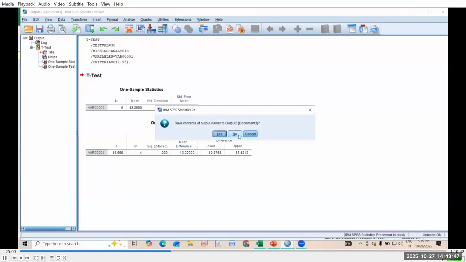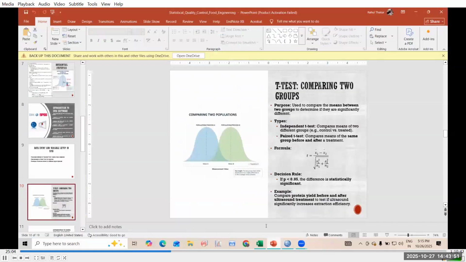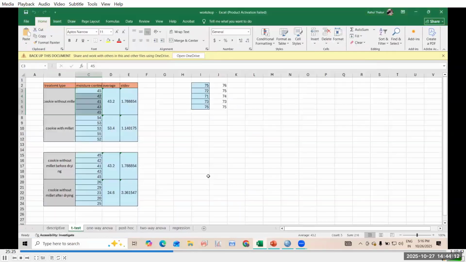Okay, now let's go to another point, the independent sample t-test. The purpose of the independent sample t-test is to test whether two independent groups, or not related groups, have different means. Like we measured the moisture content for two different types of cookies, cookie without millet and cookie with millet.